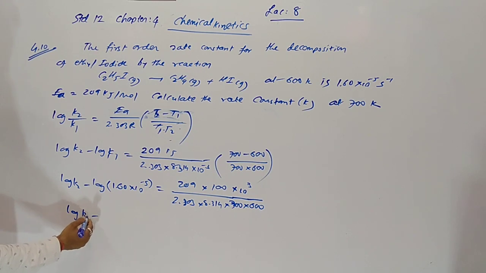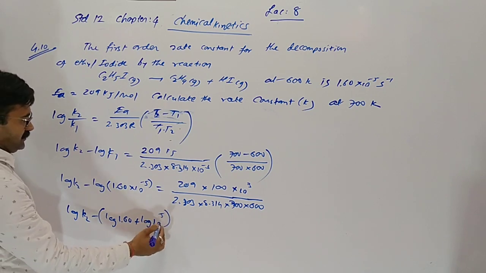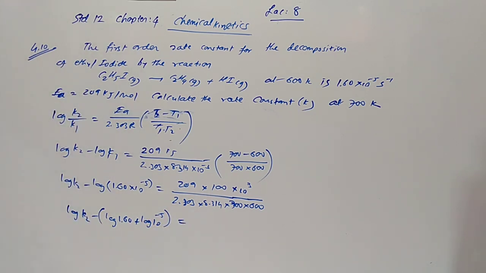So log K2 minus log 1.6 plus log 10 raised to minus 5 equals 209 multiplied by 100 multiplied by 1000, divided by 2.303, again divided by 8.314, again 700, again 600, which gives 2.5989.